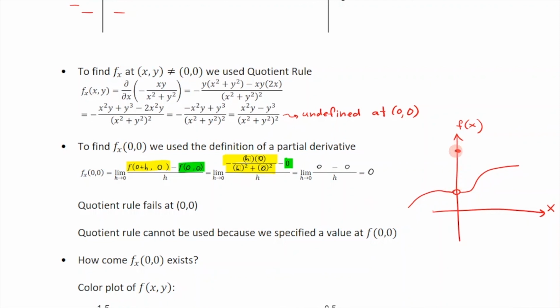If I ask you for the derivative at x equals 0, you can't just differentiate this guy. Let's say this guy was given by some polynomial plus something. You can't just differentiate this guy and tell me that the derivative at this point is the derivative of this polynomial. That's not correct because the value of the function here is not what the differentiation rule thinks it is. So actually, for this guy, the derivative doesn't exist.